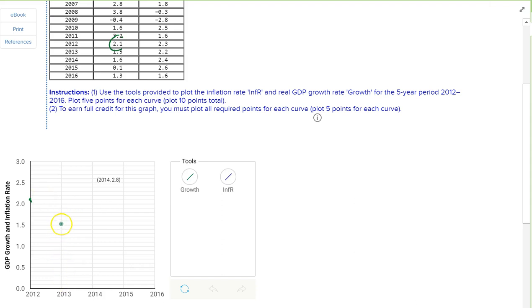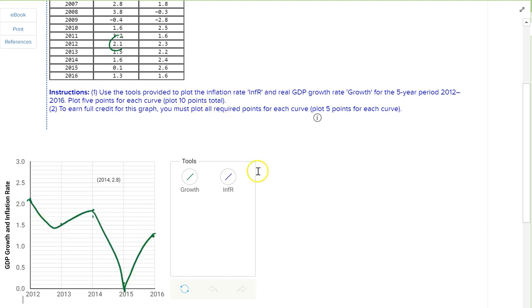And 2014, it's 1.6. So it's a little bit of an oscillation here. And 0.1. So 2015, it's going to take quite a significant drop. And 2016, 1.3. So it has some pretty major adjustments in there, so something like that.